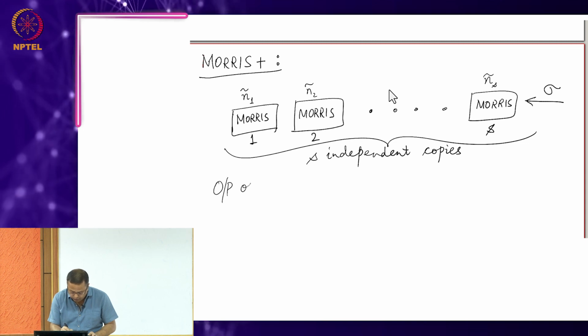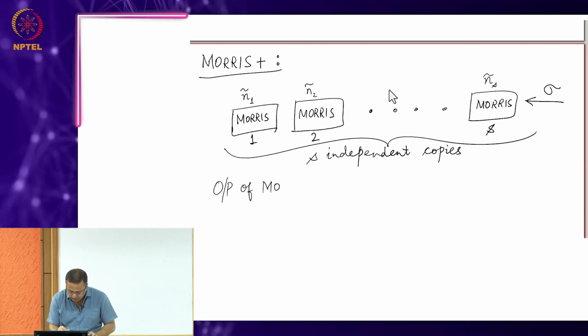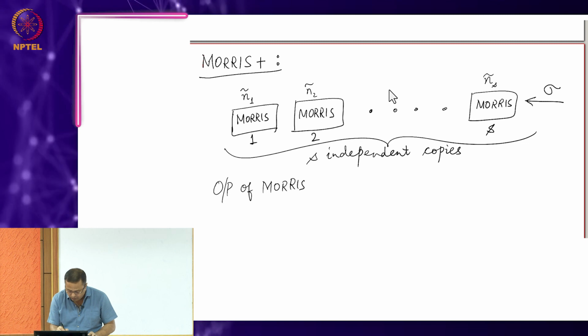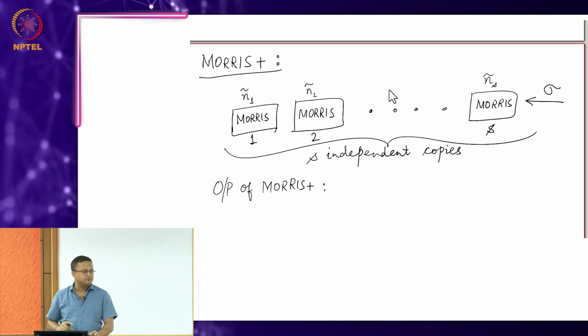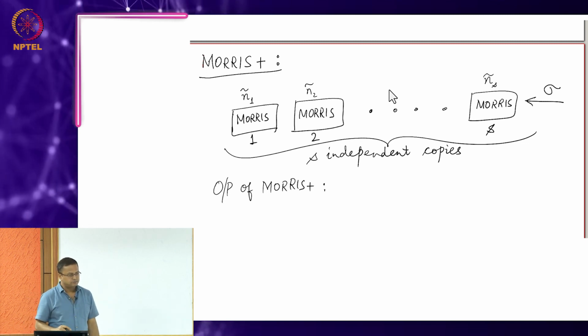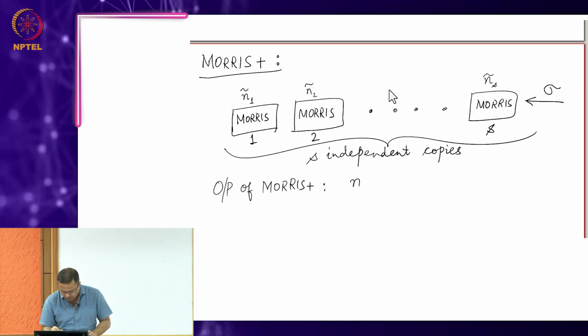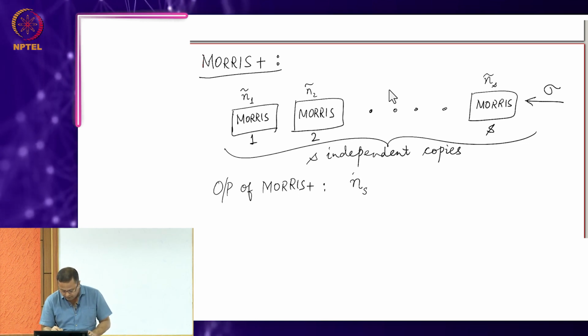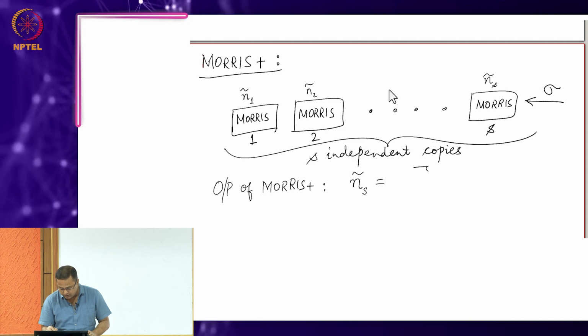So, what is the output of Morris's algorithm? It is a new random variable.